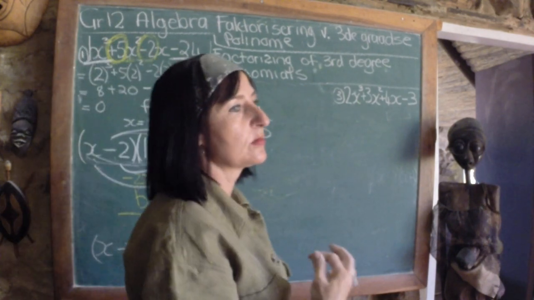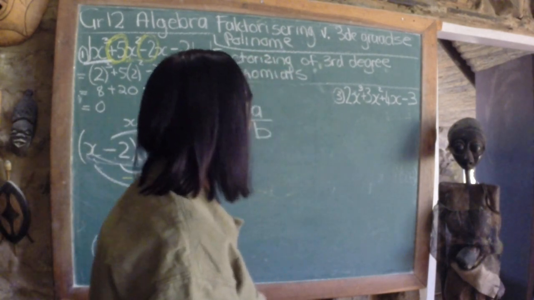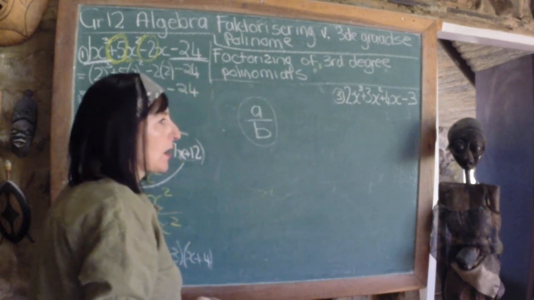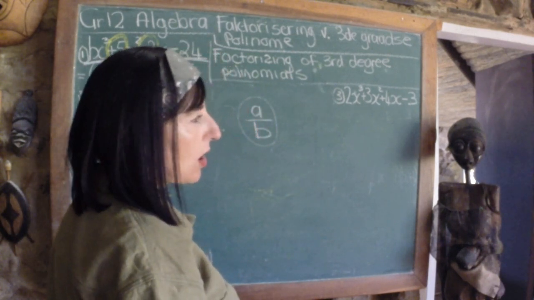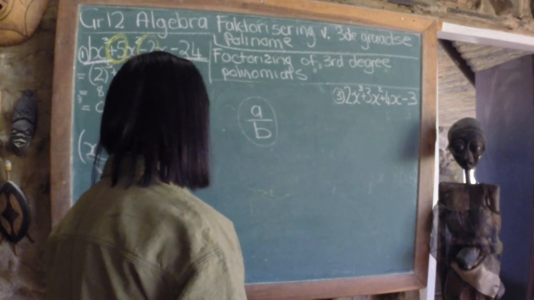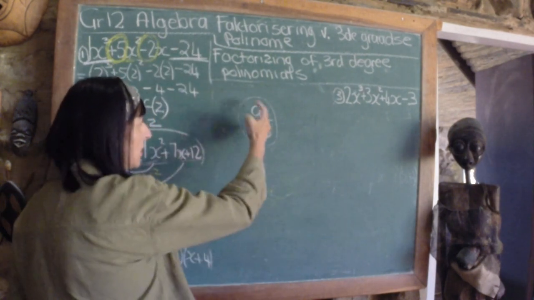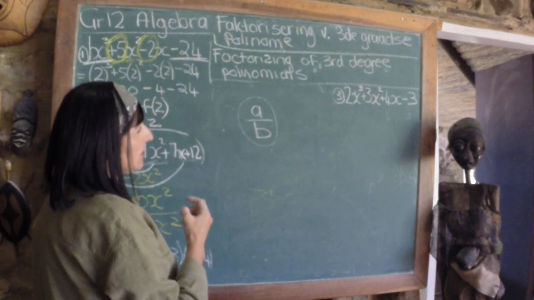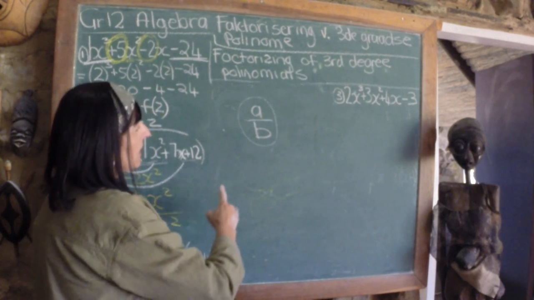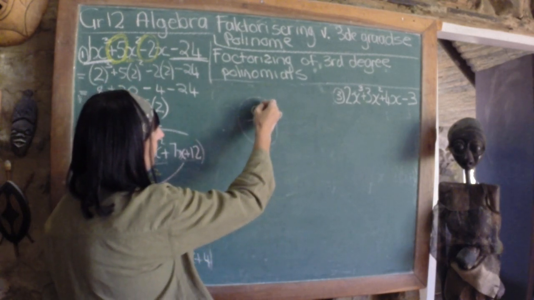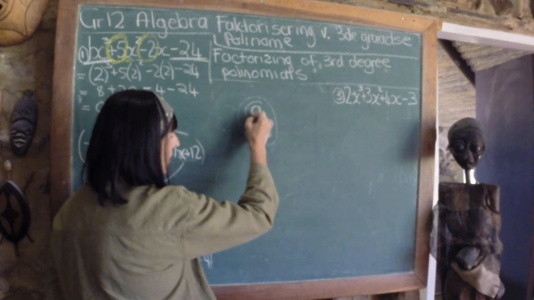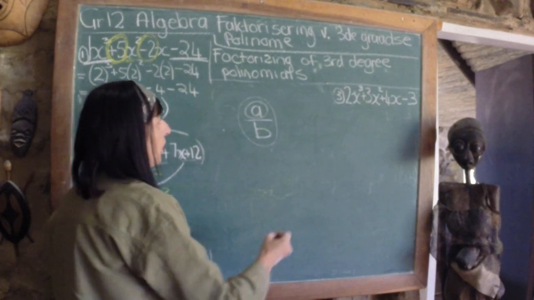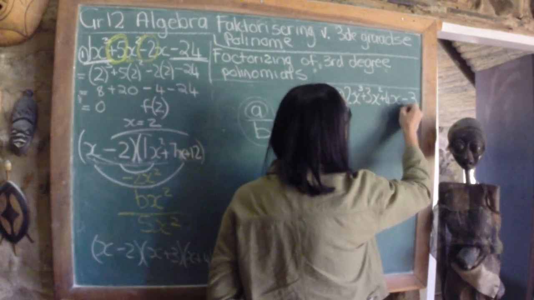So if you get up to 3 and you can't find the factor, then quickly go and check maybe a half, minus a half, a third, minus a third. So how will you know what that fraction is going to be? There's a theorem that teaches us that if it's a fraction, the numerator of the fraction will be factors of the constant.